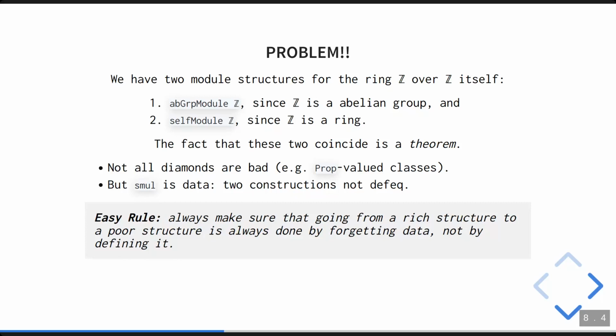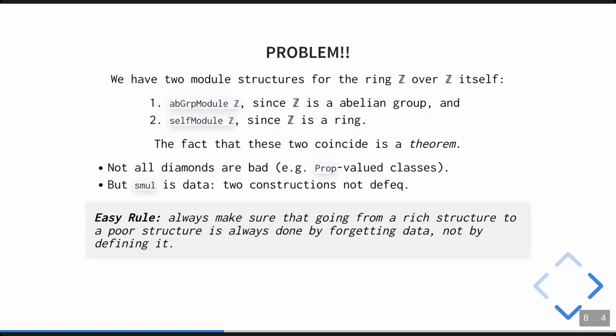This can be bad, because if you need the module structure for Z over Z, which one will Lean take? You can ask Lean which one it takes, but this might lead to errors. So what you want is to make sure that these 2 constructions match. Anytime you have a diamond, you'd like the 2 ways to be the same.